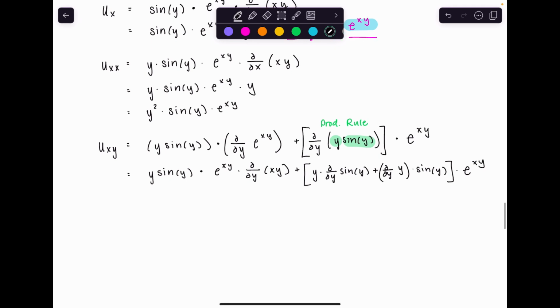So we're getting there. Not pretty, but we're getting there. This gives us y sine of y, e to the xy, and then the derivative with respect to y here is just going to be x. So I'm actually going to put the x just out front. And now moving on to the second piece, we've got y.